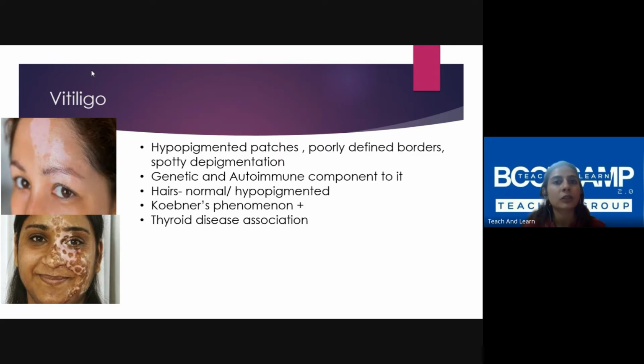Otherwise, they will come back to you and tell you your treatment is not working. Coming back and telling is one thing, but not coming back to you is also another thing. They will go to another person and they might give another treatment which is not very good for those lesions. So it is very important for you to counsel them what exactly these symptoms are, because since stigma is there, they really want this lesion to go as fast as possible.